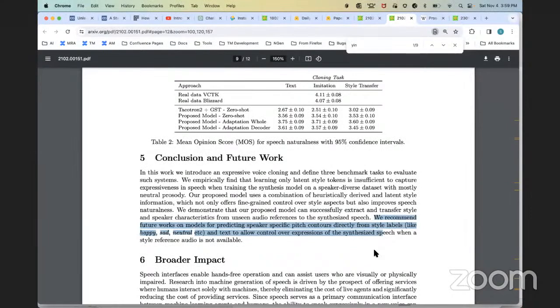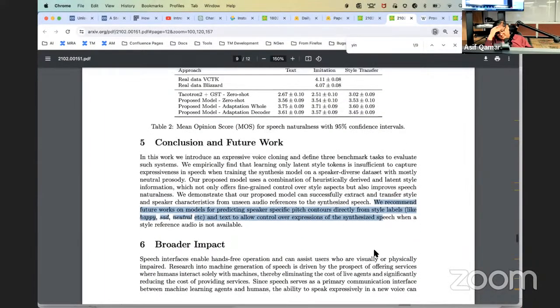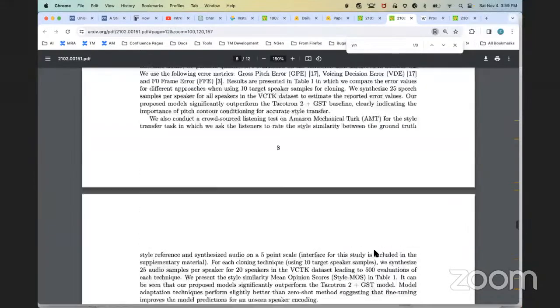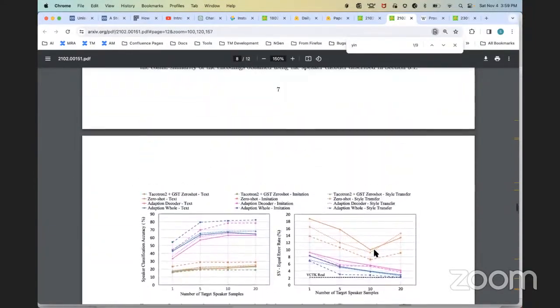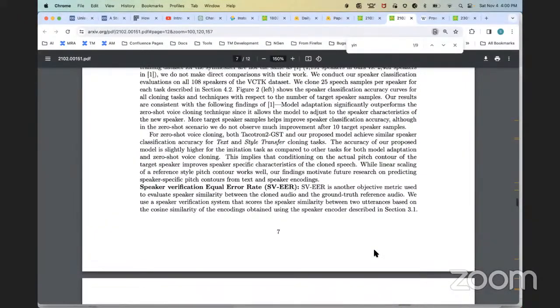Go ahead, Harina, you were thinking. Okay, so the method, can you hear me? Yes. They're doing three things here actually. They derive the pitch contour using the Yin algorithm and scale it linearly to have the same pitch as that of the target speaker samples.